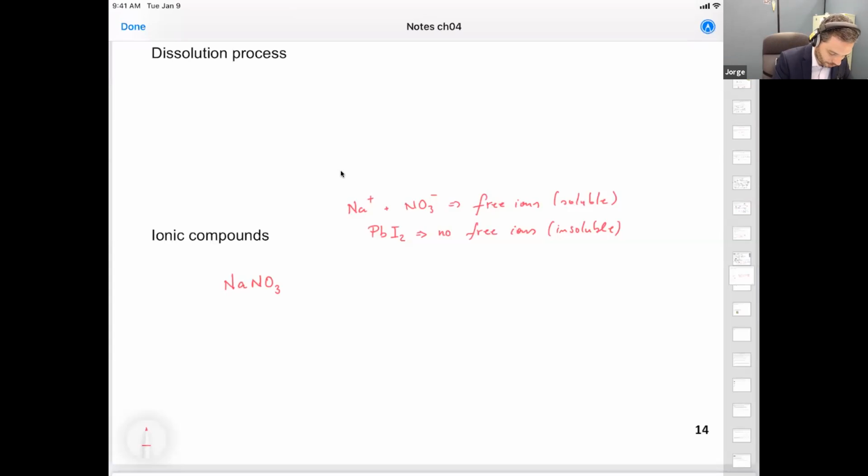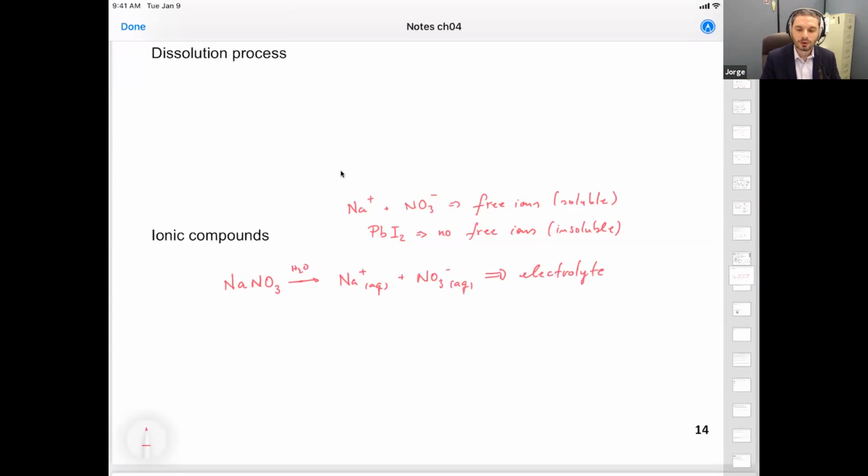So for example, here then, when we have sodium nitrate in water, because this salt is soluble, we are going to have in solution the free ions. And therefore, this will be an electrolyte.